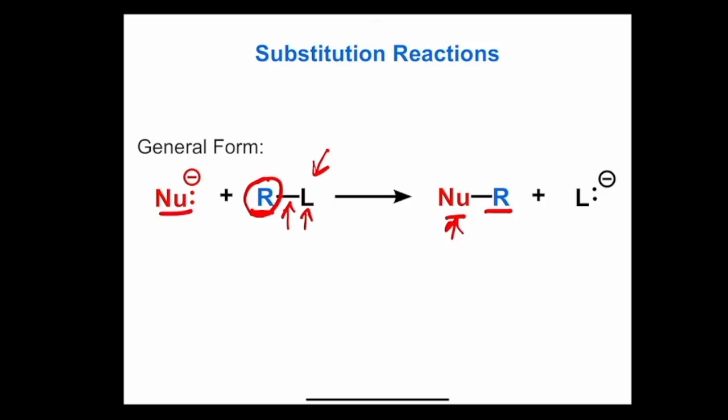Now, general pieces, the nucleophile, no matter if it's SN1 or SN2, the nucleophile is a species, a carbon, or some type of molecule, that is negatively charged or has an abundance of electrons. The reason, again, look at the name, nucleophile. Nucleophile means nucleus-loving. It means it is a negatively charged species that's looking for a positively charged center.